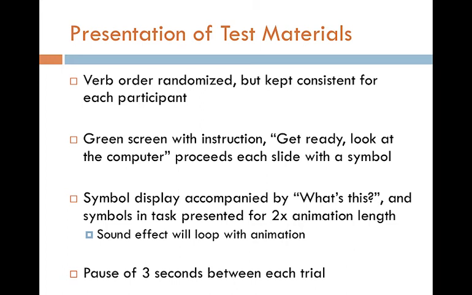As noted, the green screen with the instruction, "Get ready, look at the computer," precedes each slide with a symbol. The symbol display was accompanied by "What's this?" and the symbols in task were presented for 2 times the animation length, and the sound effect looped with the animation, and there was a pause of 3 seconds between each trial.